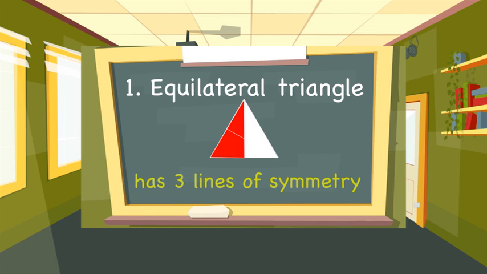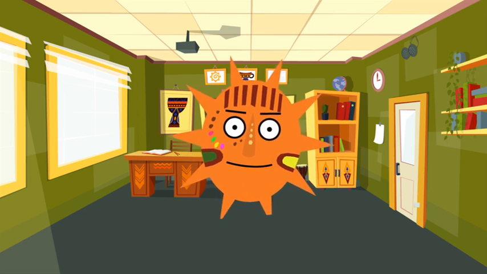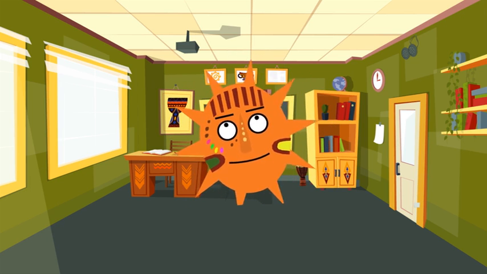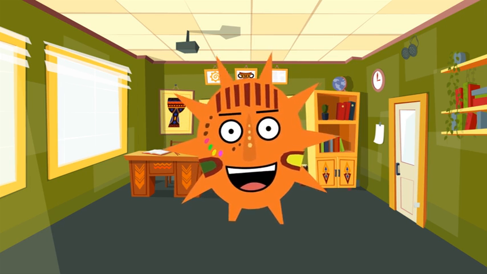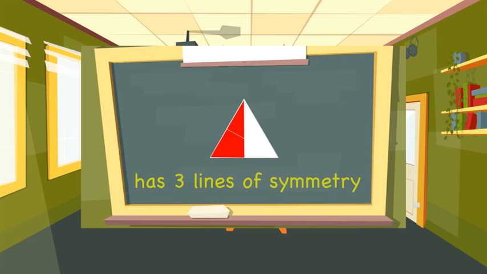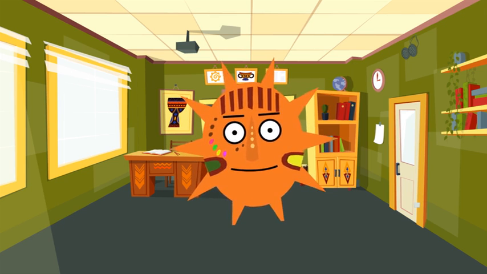Like if you look at your face, if you draw a line on the forehead, between the nose, between the mouth, and down between the chin, that line would divide the face into two similar and equal parts, and that line is called a line of symmetry. So back to our equilateral triangle. An equilateral triangle has three lines of symmetry.